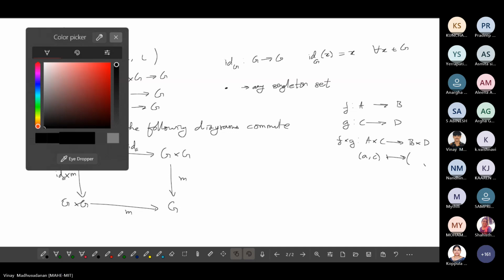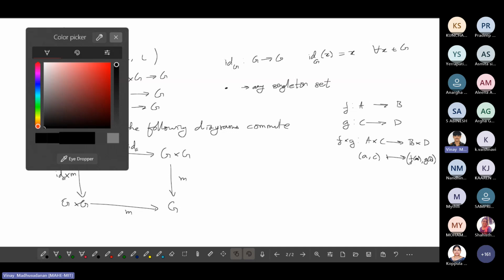What can it be? f of a and g of c. That's the only choice, so that is naturally defined. We don't have to assume anything about the sets A and C in order to define this. We don't need to know what the elements are. This can be defined in general. Sorry that that's not very clearly written. So that's always defined.